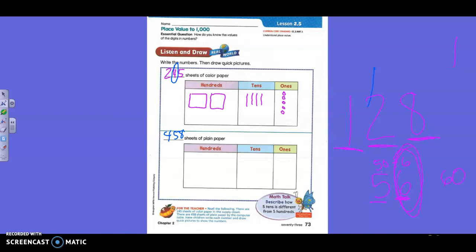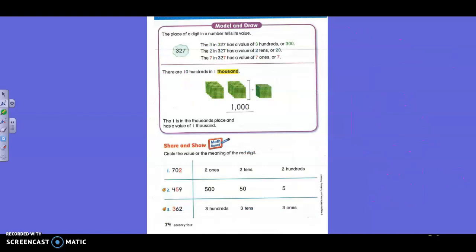In the number 2, 2 is in the ones place. 3 is a ones number. 4 is a ones number. 5, 6, 7, 8, 9 are all ones numbers. Once you get to 10, then you have tens. You don't have any tens before you get to 10. Okay? All right, next page.